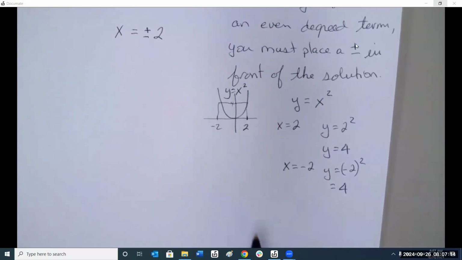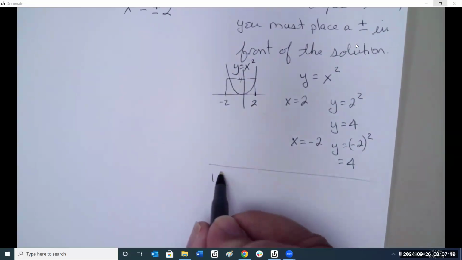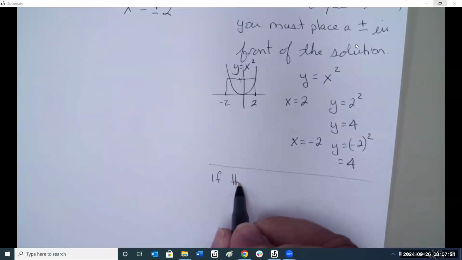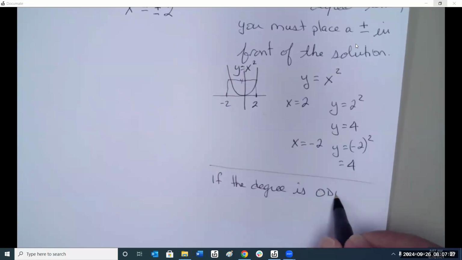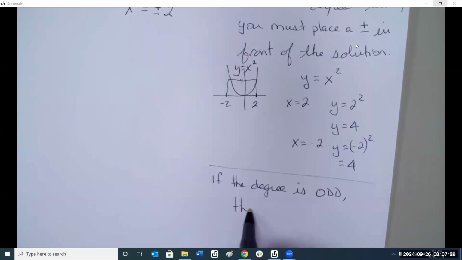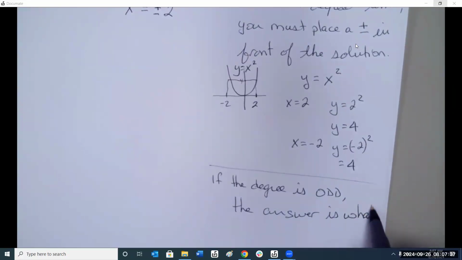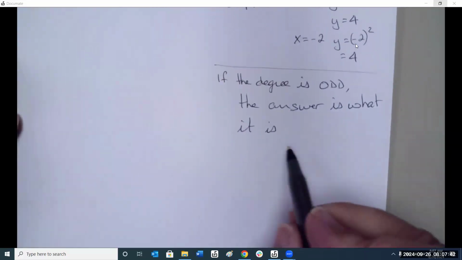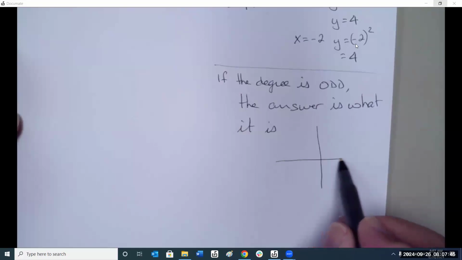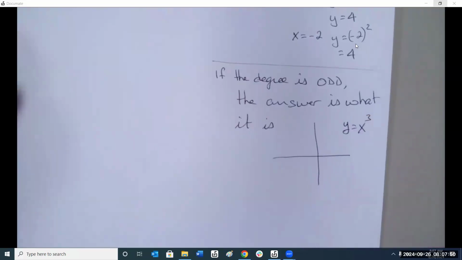Now, good question. What about if it's an odd degree? If the degree is odd, the answer is what it is. What does the x cubed function look like?